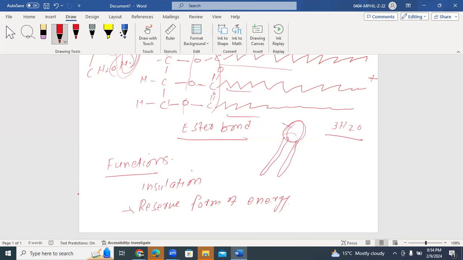This head is hydrophilic, water loving, and there are hydrophobic tails, water hating tails. So this is how glycerol and fatty acids combine with each other to form phospholipids, which are the very common structure in plant and animal cell membranes.